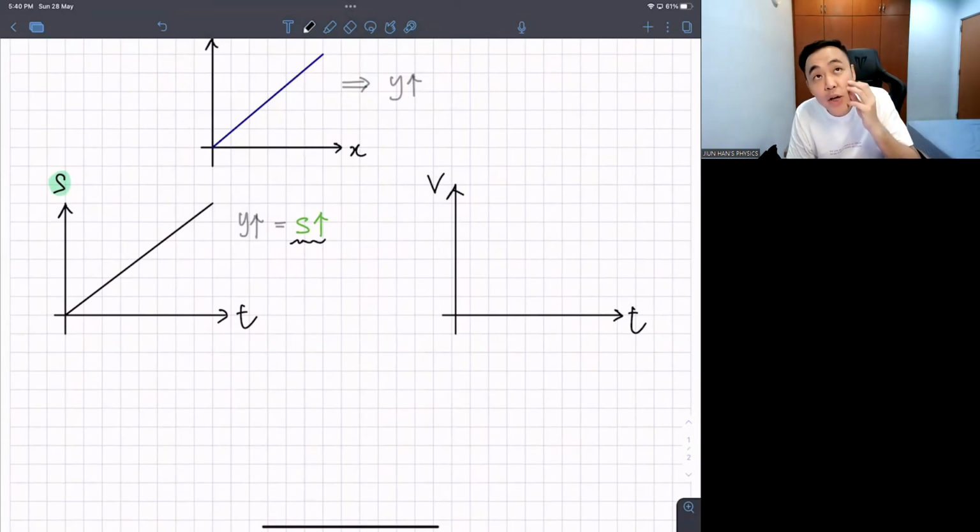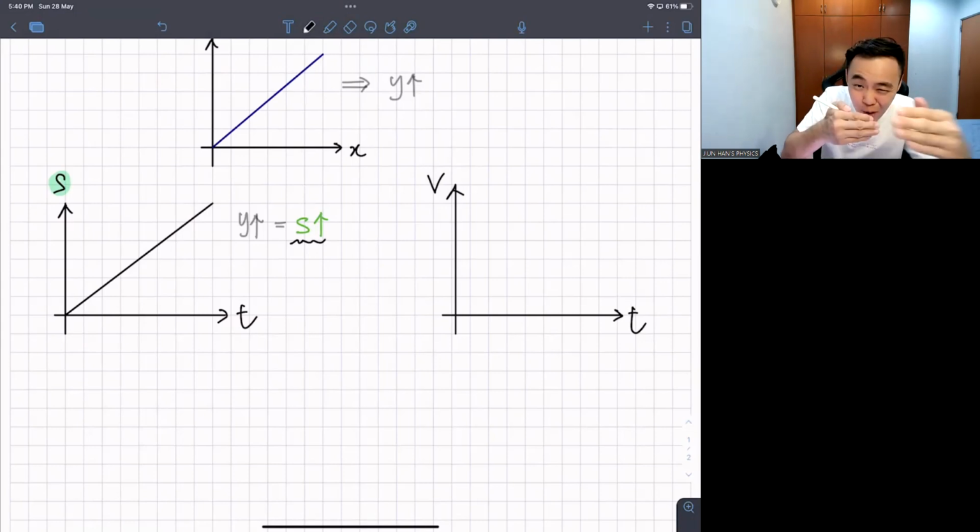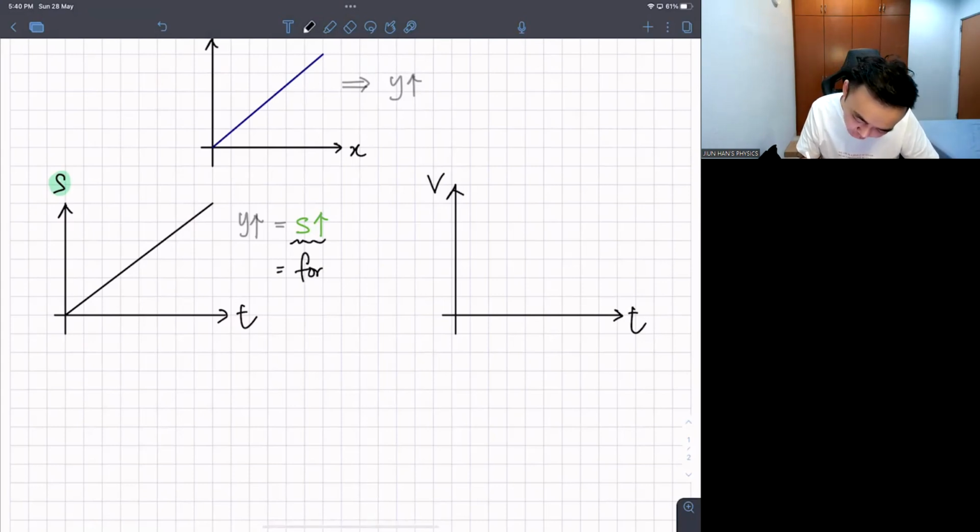So when the object's displacement increases, your distance becomes further. Are you moving? Yes. Where are you going? They give you more and more distance, so yes, you can tell them you are going forward. So for the ST graph, graph up means forward, graph down means backwards.